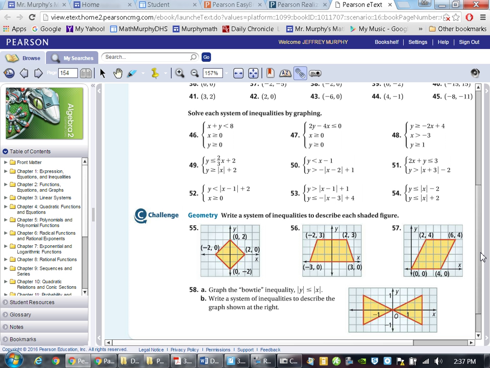Whenever you see problems like 46, 47, 48, where you have singular values where it's just going to be a horizontal or a vertical line, do those first. Plot those on your graph first before you do the other stuff. It makes it a little bit easier. The old textbook always put those values first. I don't know, I guess for the past 9 years of using that old textbook, I'm so used to it being that way, so that's why I say do that. But you guys don't know any different, so it doesn't matter.